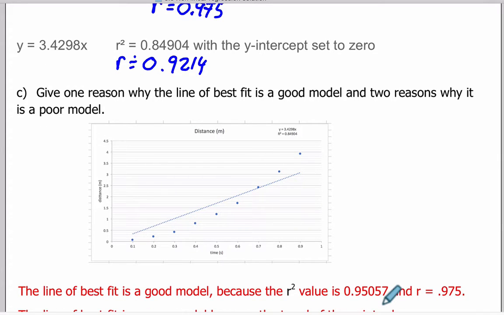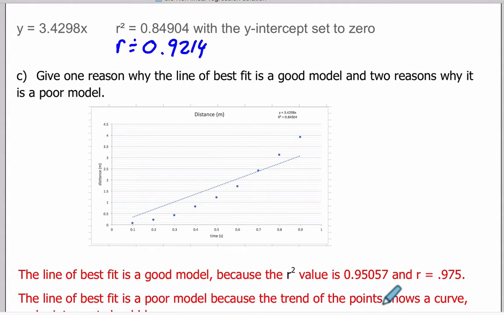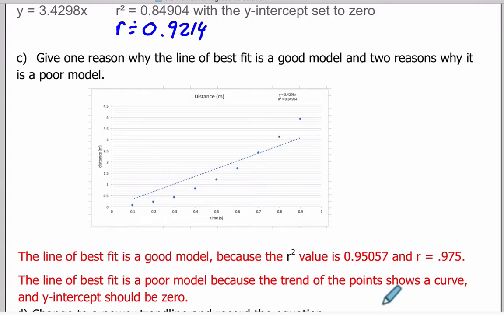So the correlation coefficient and the coefficient of determination are quite high. So it seems like that's a pretty good data fit. But it's a poor model because the trend of the points definitely shows a curve here. So we don't want to use a linear trend line. Also, the y-intercept should be 0, which really reduces the correlation coefficient.